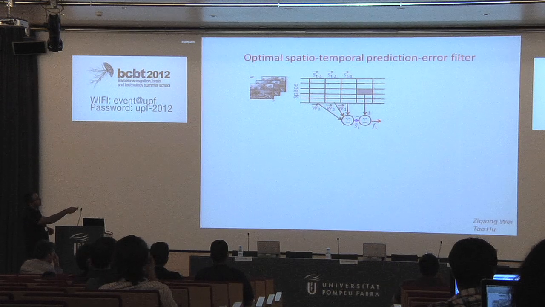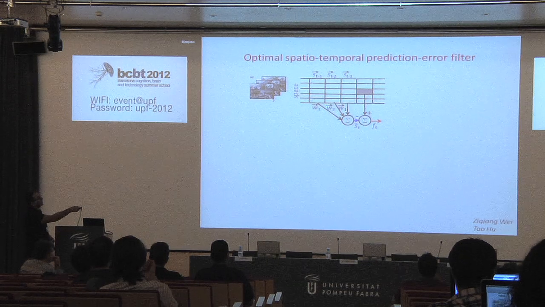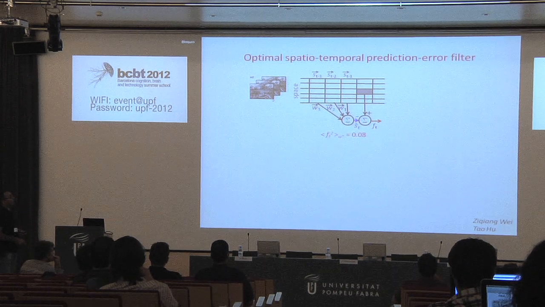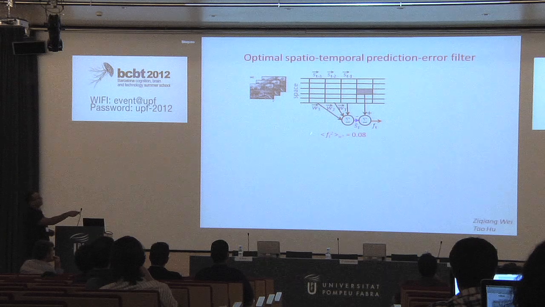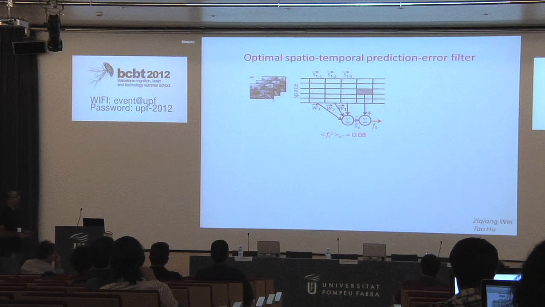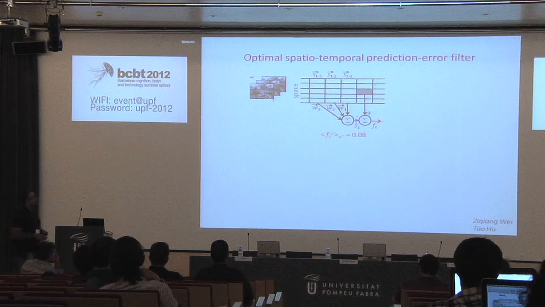And so the signal is now vectorial, and so are the coefficients W. Each of them, W1, W2, W3, and so on, are vectors. We can, of course, handle this with linear algebra, and we can compute optimal linear predictive vectors and see how it works. When we do that, it turns out that the transmitted power reduces even more, down to about 8% for the natural movie that I showed you before.